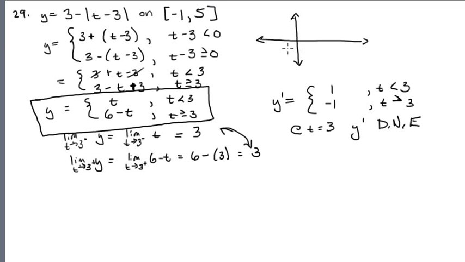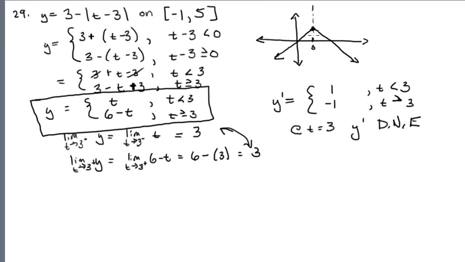I have t all the way up until this point right here at 3, and then all of a sudden I change over to 6 minus t. It shares a value of 3 right here, but 6 minus t looks like this. So this is what my function looks like.